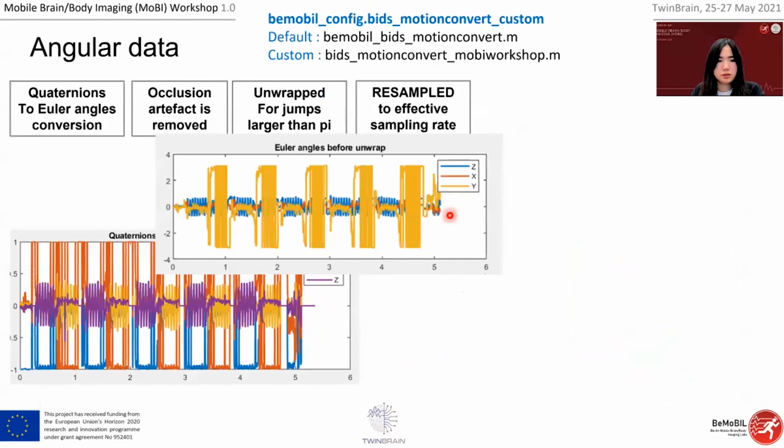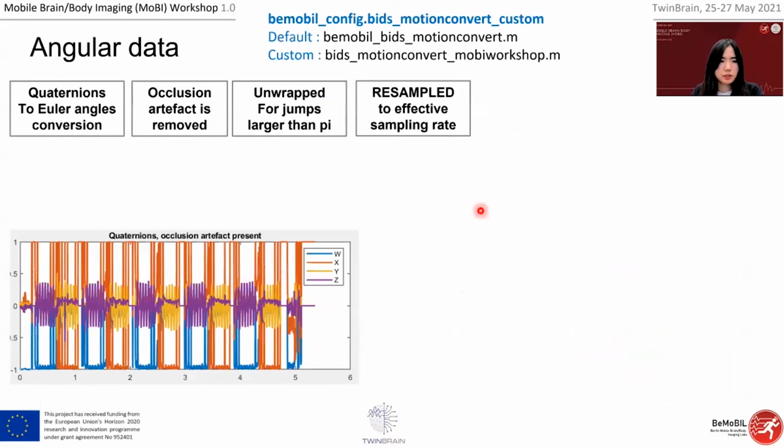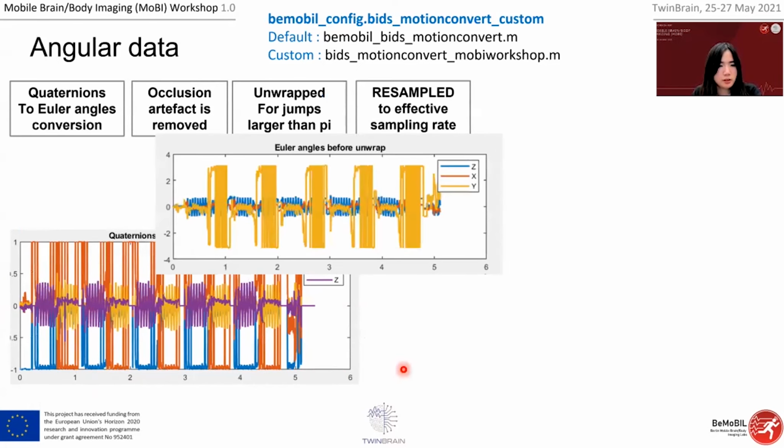Then some more considerations for angular data. I mentioned that the orientation channels are represented in quaternions, and when you convert them to Euler angles, it looks like this. The vertical lines here are not necessarily occlusion artifacts. It is something more regular that coincides with the way the participant is moving.